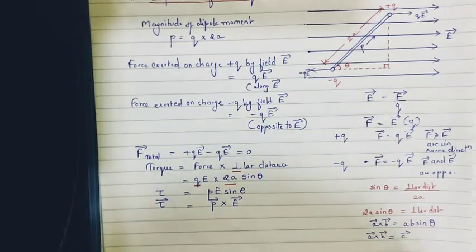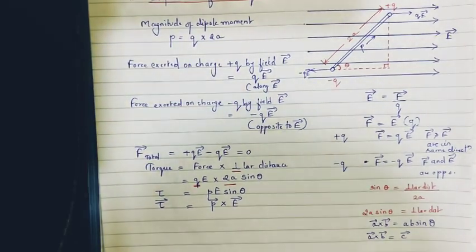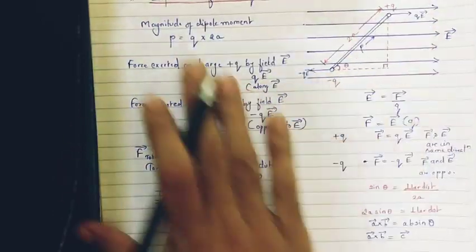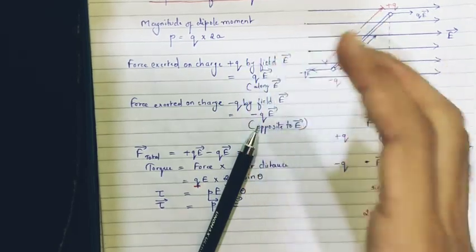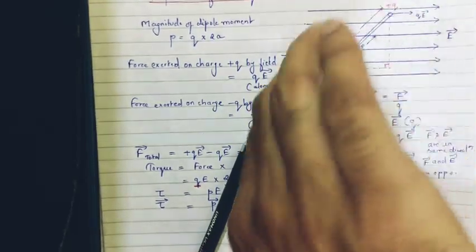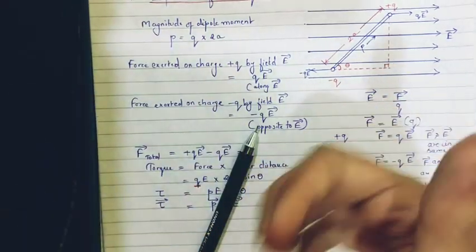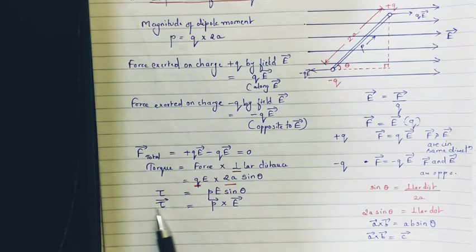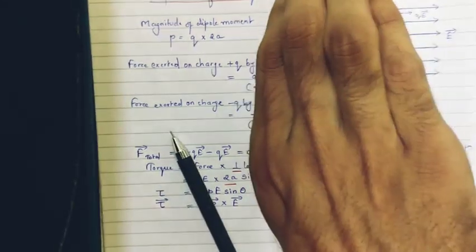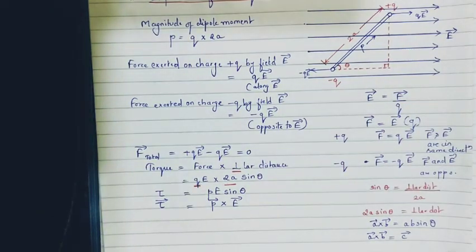So you can apply the right hand screw rule over here to get the direction of this torque. Supposing this is the plane containing P and E, you can apply the right hand screw rule. You have to go from first vector to the second vector. You have studied this also in your 11th standard. The direction of the thumb is going to give you the direction of the resultant vector, that it might be downward into the plane or out of the plane, depends how is your P and E. So that is going to be the direction of the torque.